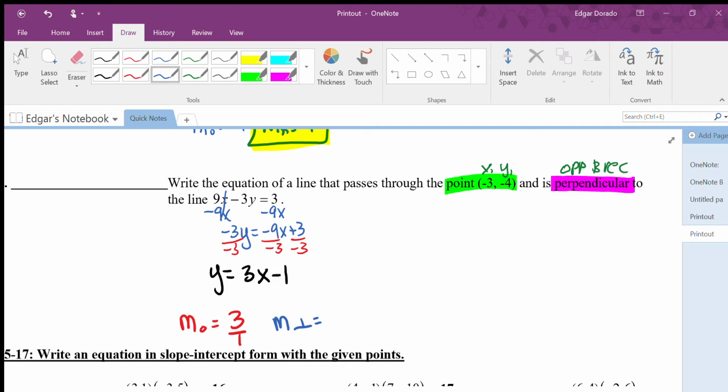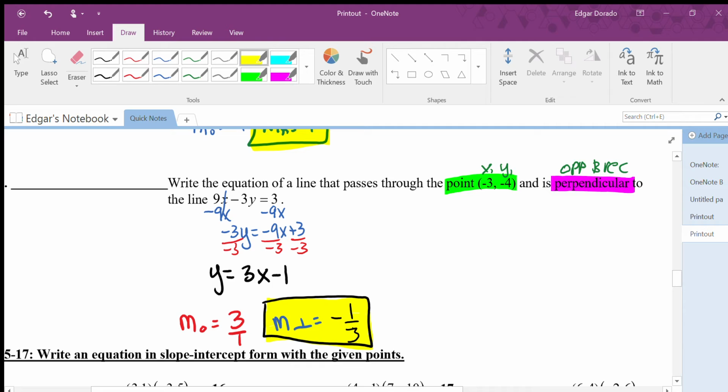My new slope has to be a negative, and it also has to be the flipped version, or the reciprocal. So really my slope here is negative 1 over 3. This is my new slope. This is the one I'm going to be using to plug everything into.